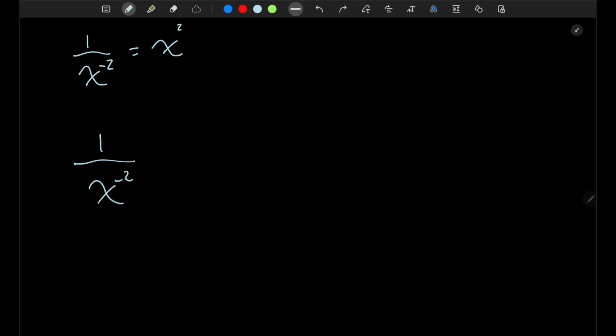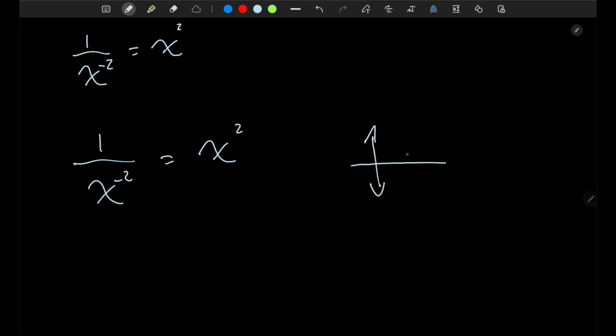So in this case, you have 1 over x to the minus 2. I take this x to the minus 2, push it up, change the sign, and then you are left with x squared. I visualize this as when you have the division sign, you can push whatever you want through either way, and then you just change the sign of the exponent.